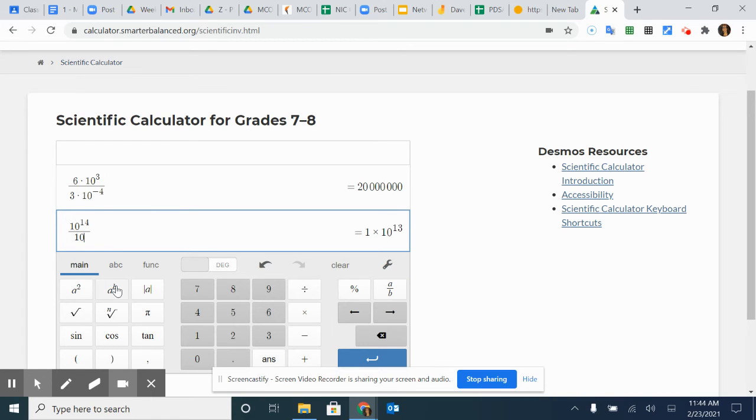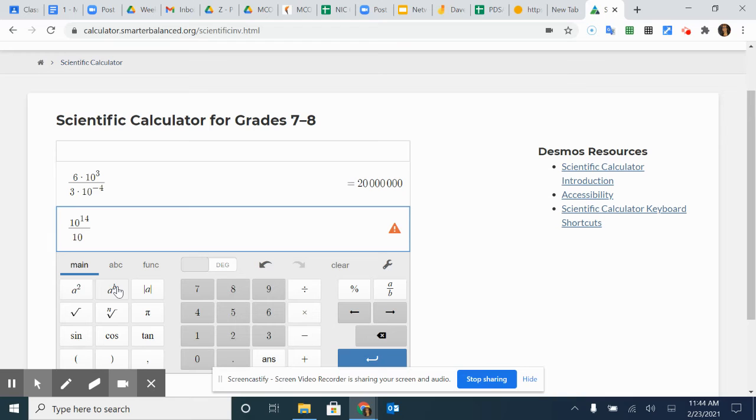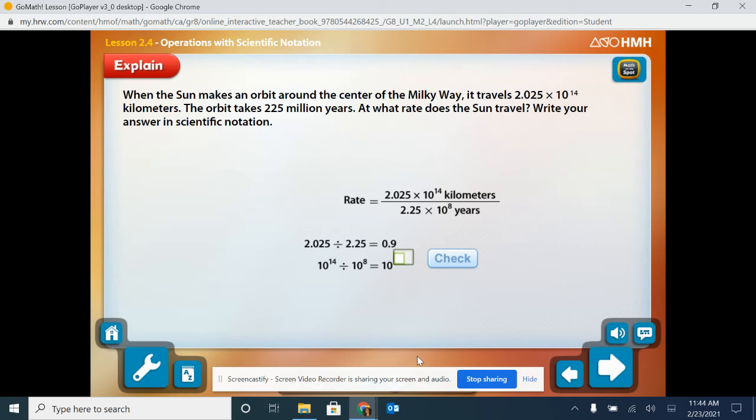Did I get it right? 10 to the 8th power. So that is 1 million, if that is correct. So 1 times 10 to the 6th power. But let me see if I did it right. 14 and 8th. Yep, it said 1 millionth, and it had 6 zeros, so it's going to be 10 to the 6.